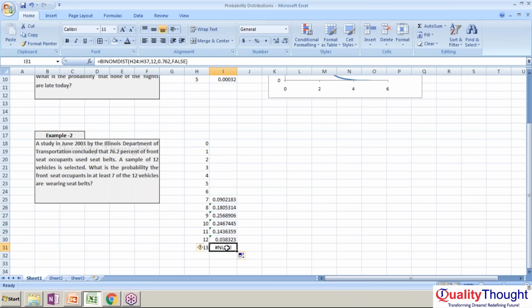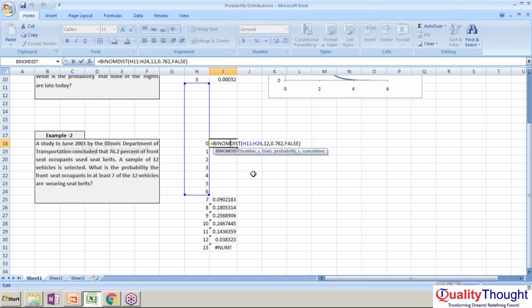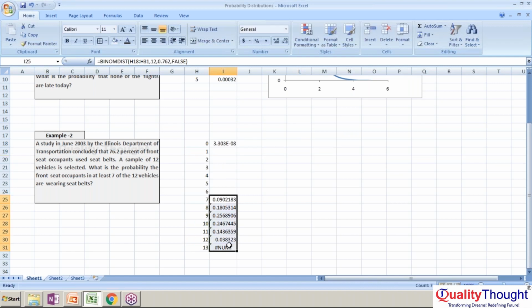See, it is not able to identify the number here. So 13 is not existing now.